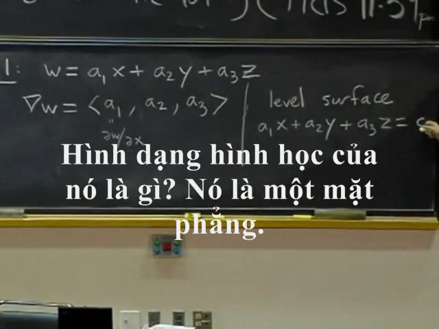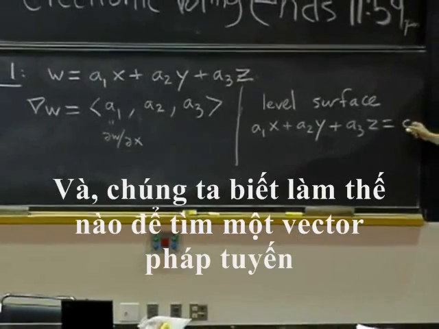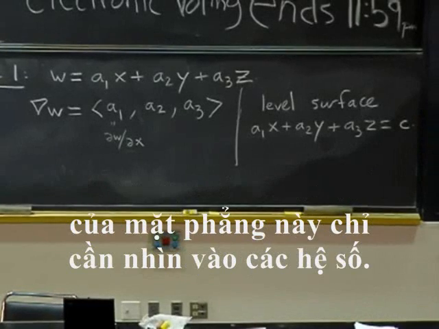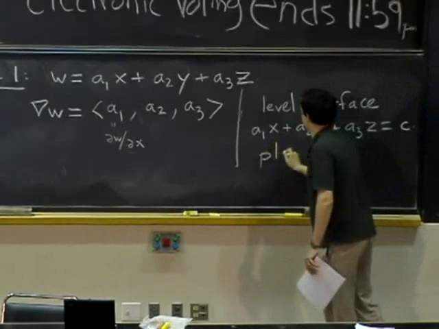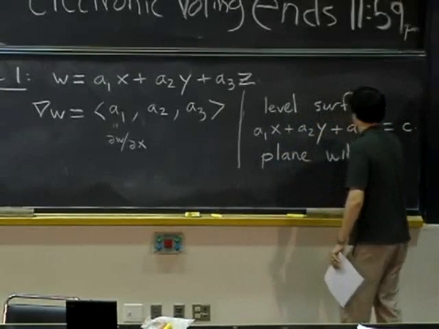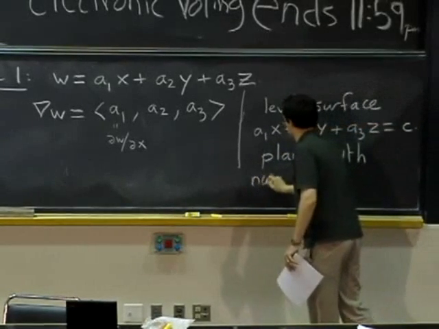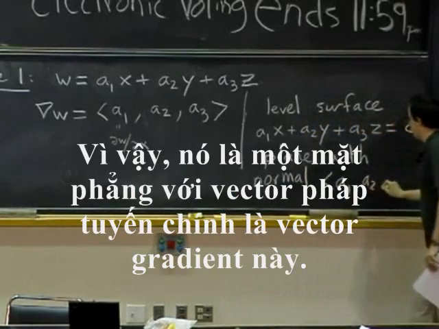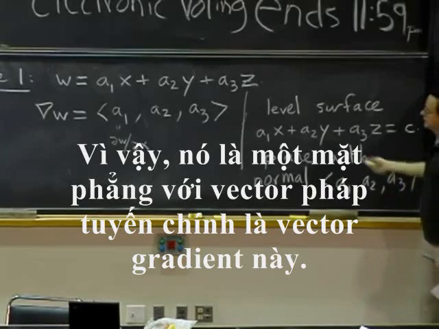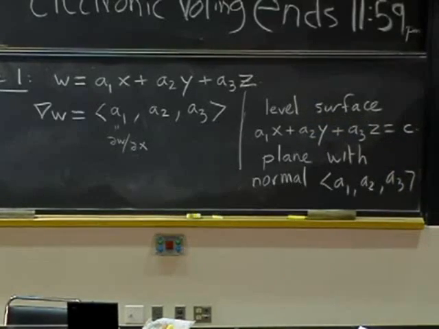What kind of surface is that? It's a plane, and we know how to find a normal vector to this plane just by looking at the coefficients. So it's a plane with normal vector exactly this gradient.